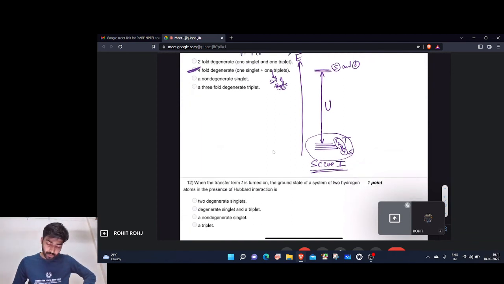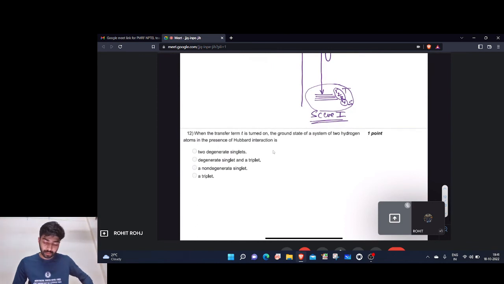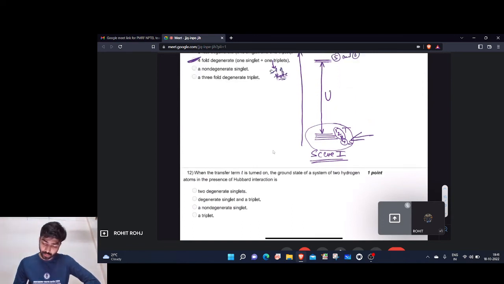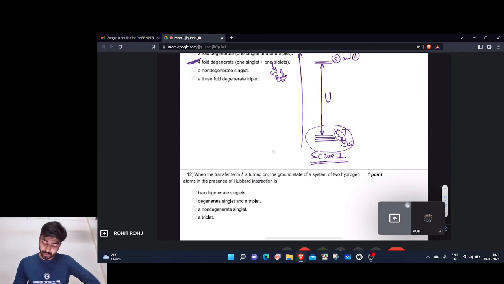Now the next question: when the transfer term T is turned on, or the hopping interaction is started in the system, what is the variation of the ground state of the two hydrogen atoms? Let me just draw the variation in this way.